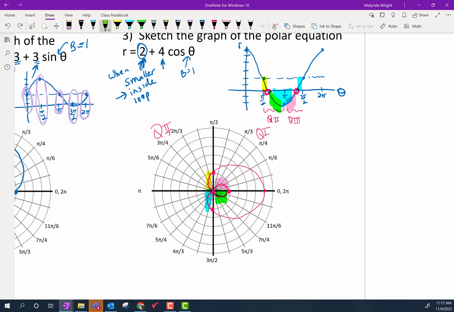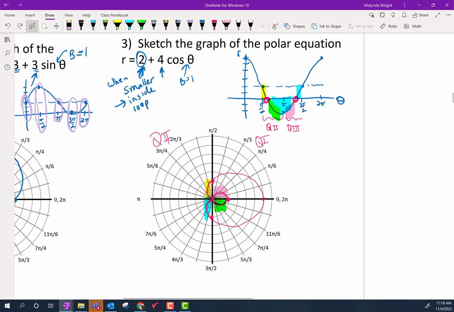If I focus on the outside, that looks like a cardioid, right? It's a cardioid with an inside circle. Okay? All right. How are we on that one? Everybody okay? Okay.